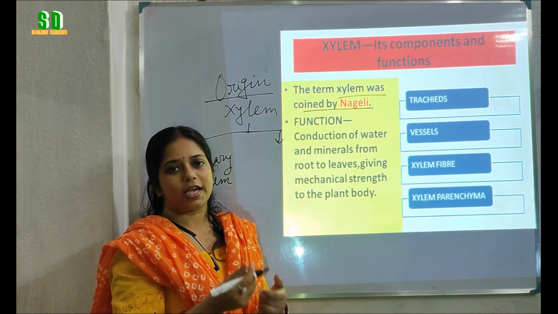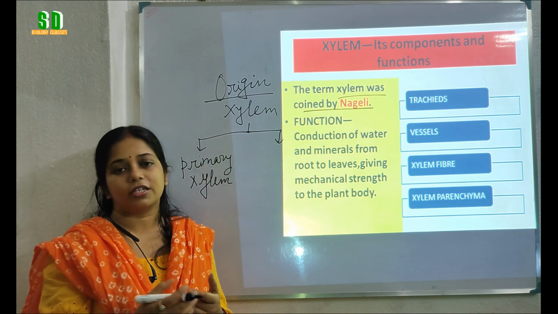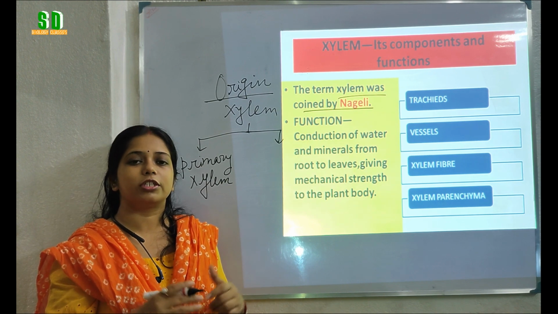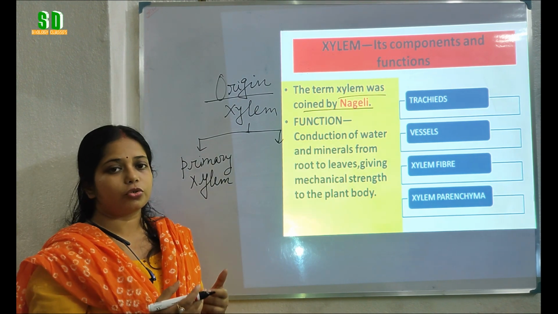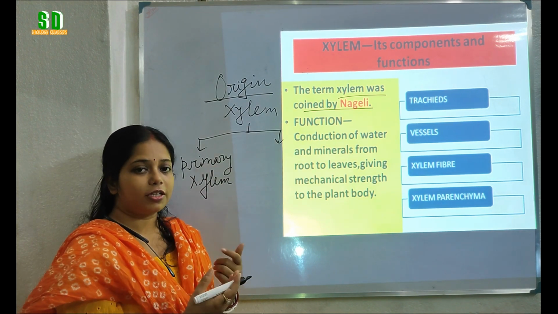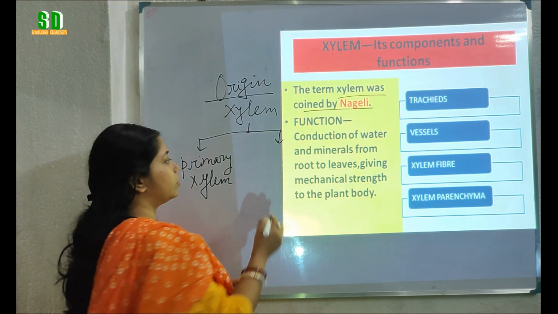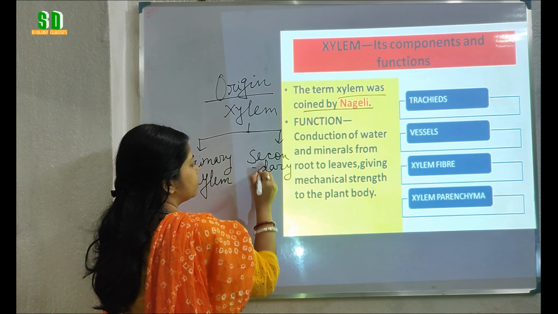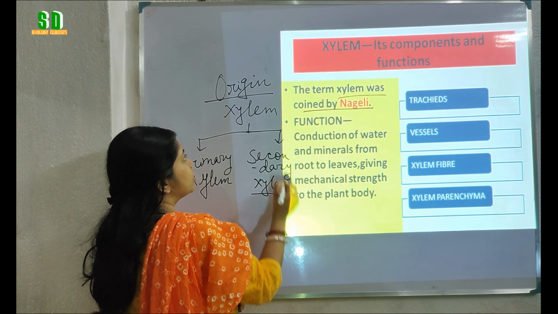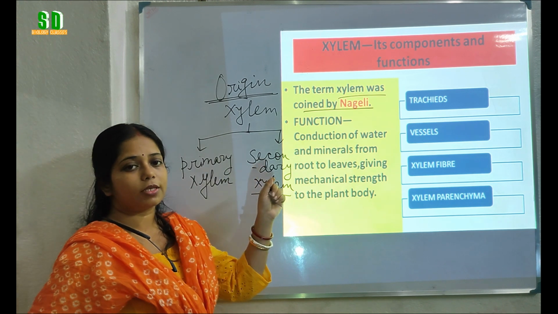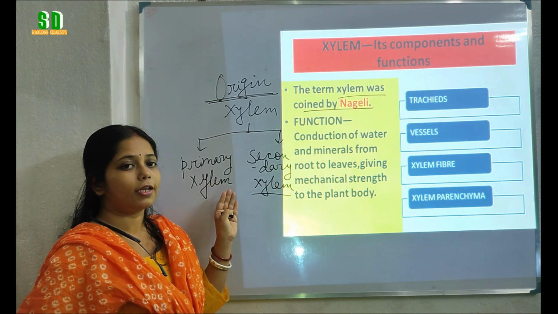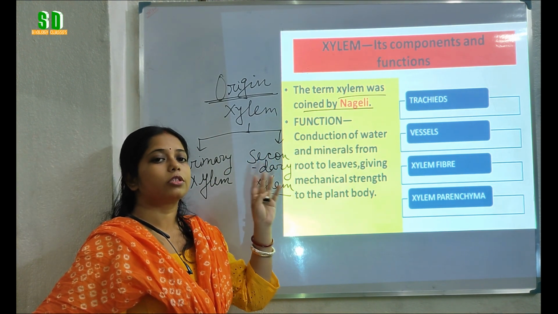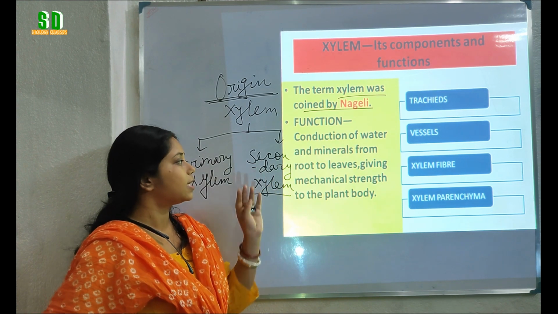The later formed xylem tissue that we can see during the secondary growth of the plant, when the plants grow enough, is called the secondary xylem. So simply, the first formed xylem is the primary xylem, and the xylem formed during secondary growth is the secondary xylem.